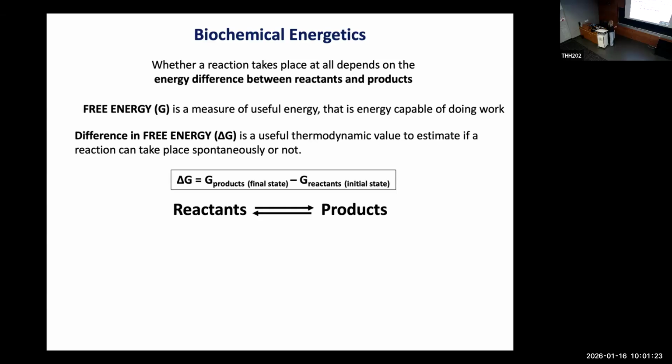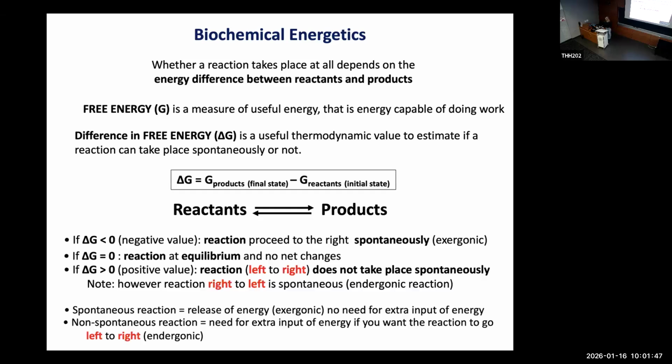So when describing reactions, we use a term called delta G, which is the free energy of the products, if we're going in the forward direction, minus the free energy of the reactants. That gives us a delta G, a change in G in the forward direction.